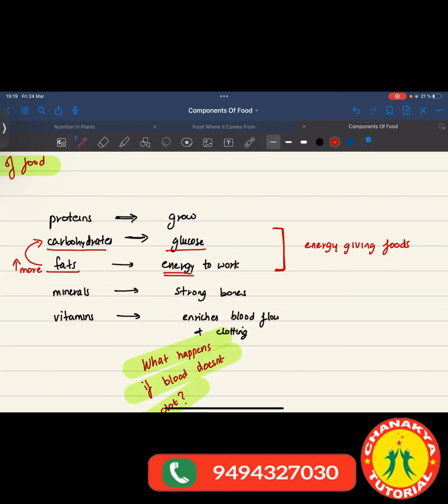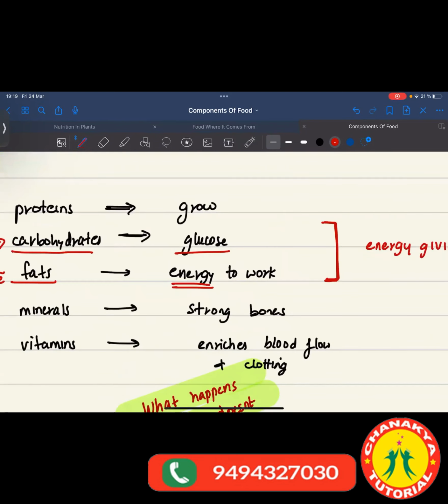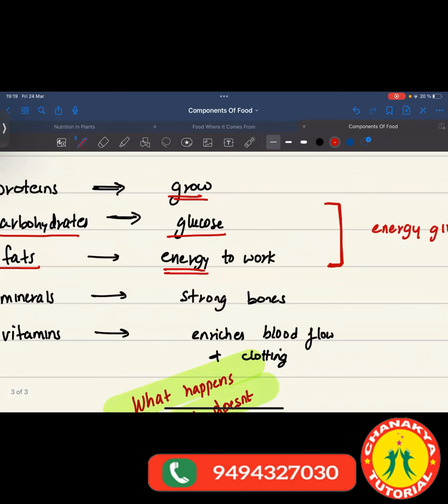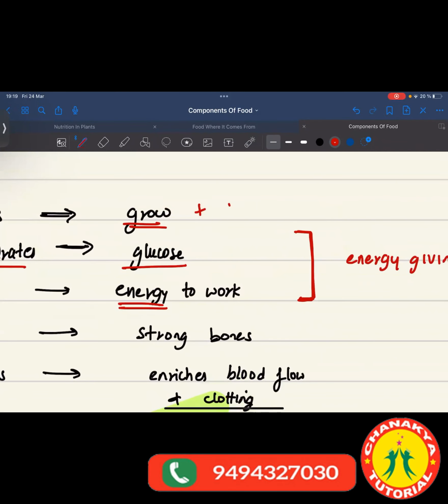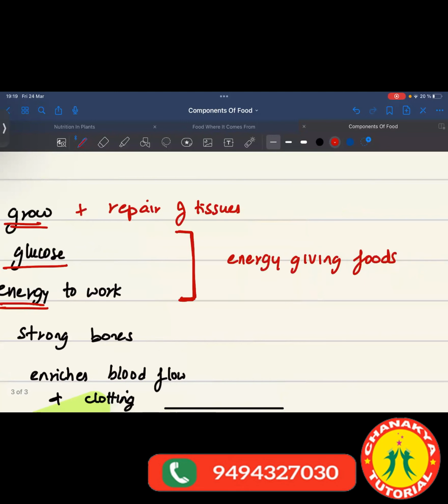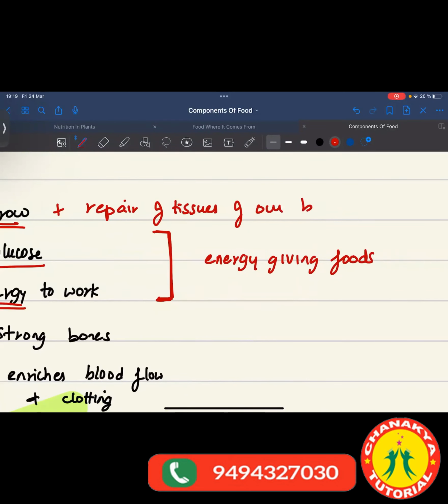Sorry, guys. So proteins provide you growth, and along with growth, they help in the repair of tissues of our body. So what does this term, repair of tissues of our body, mean?